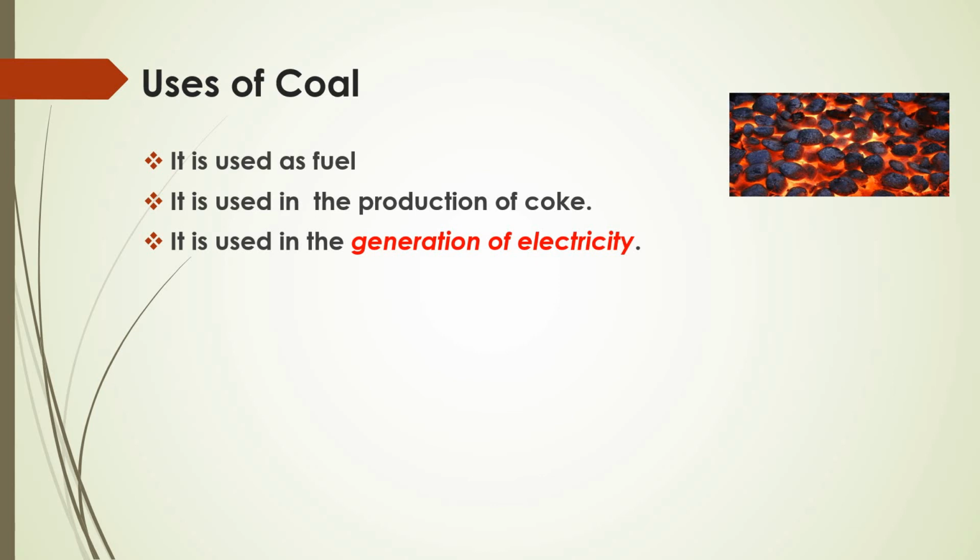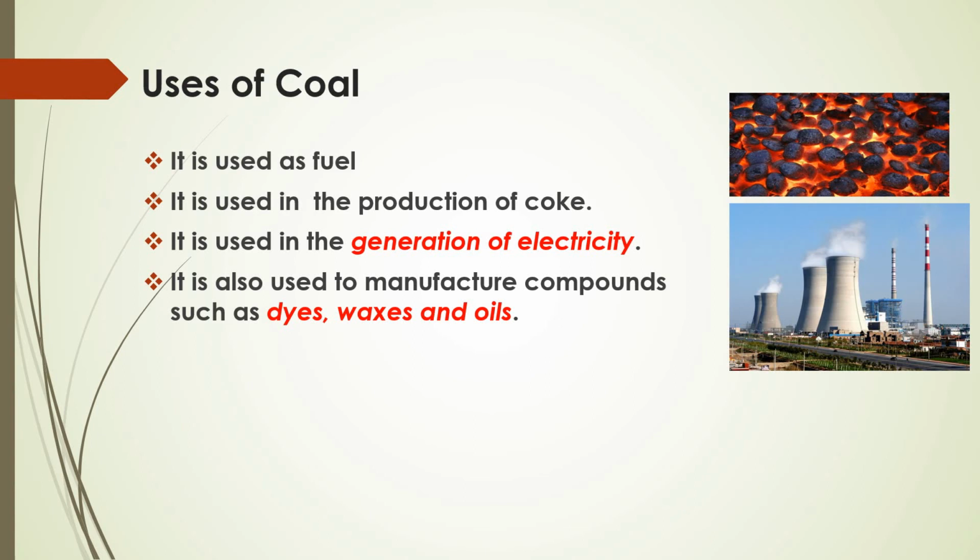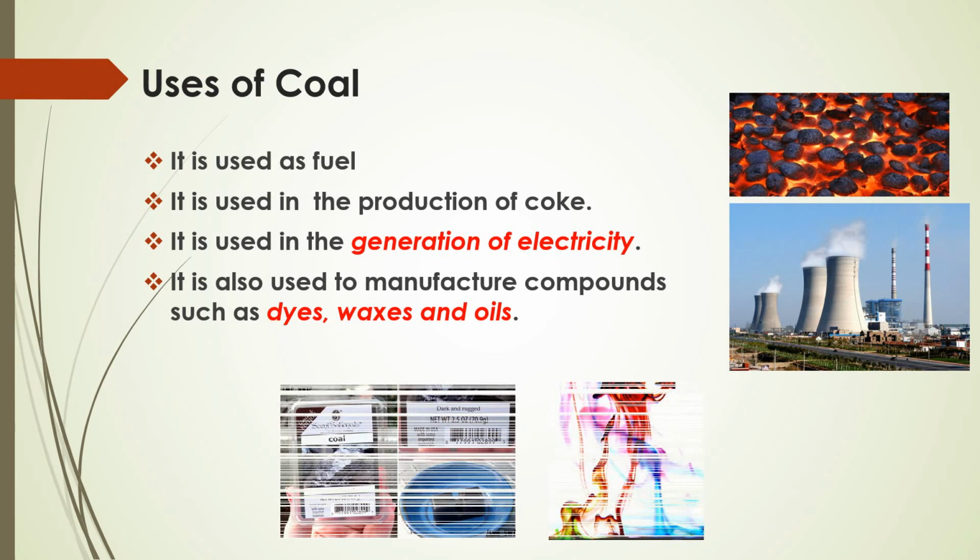Coal is burned inside huge chambers, burners, and the energy which is produced is converted into electricity. And this electricity is used for different other activities where electric current is necessary. It is also used to manufacture compounds such as dyes, waxes, and oils.